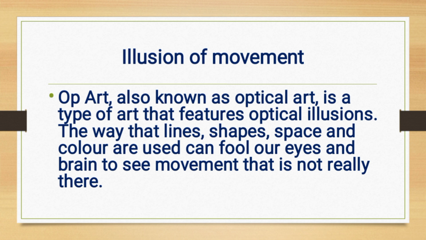It's a type of art that features optical illusions. The way that lines, shapes, space, and colors are used can fool our eyes and brain to see movement that is not really there.